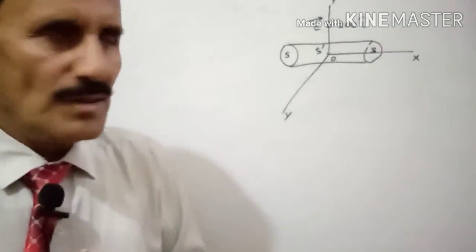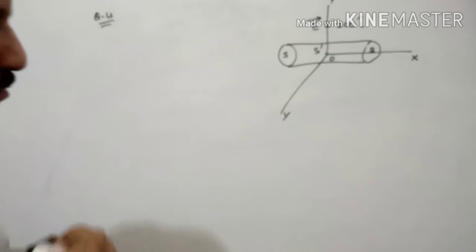There are three surfaces you are required to consider. Now i cap you know very well, i cap is like this, and j cap is here, and k cap is here.